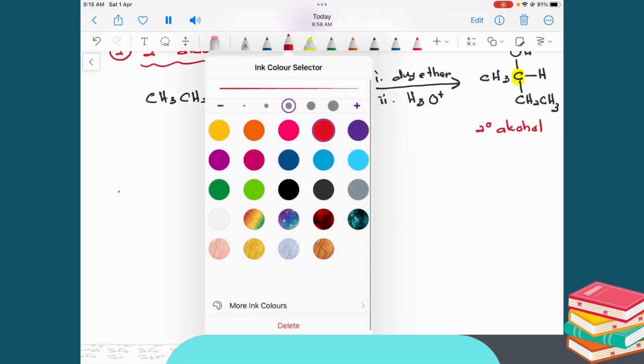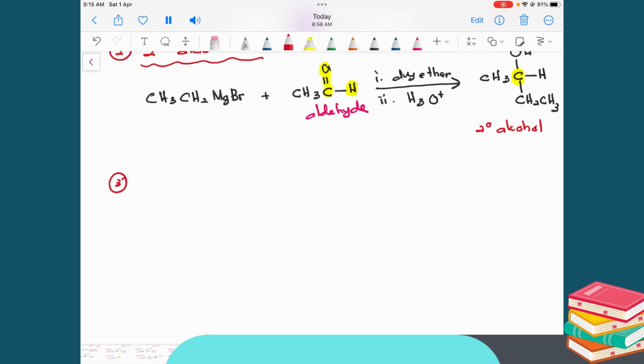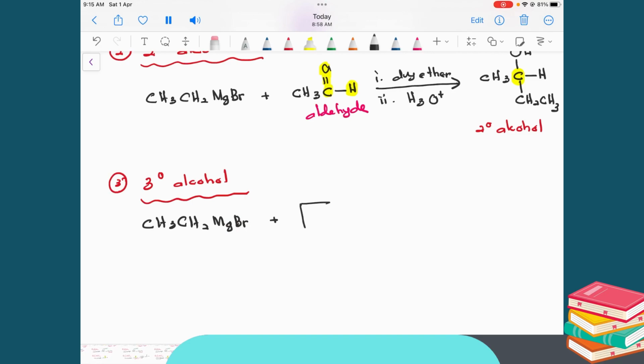Let's look at the third one, which is how we can prepare a tertiary alcohol from a Grignard reagent. Focus on C double bond O. It is a carbonyl, and the neighboring atoms are carbon and also carbon, so it is considered a ketone.